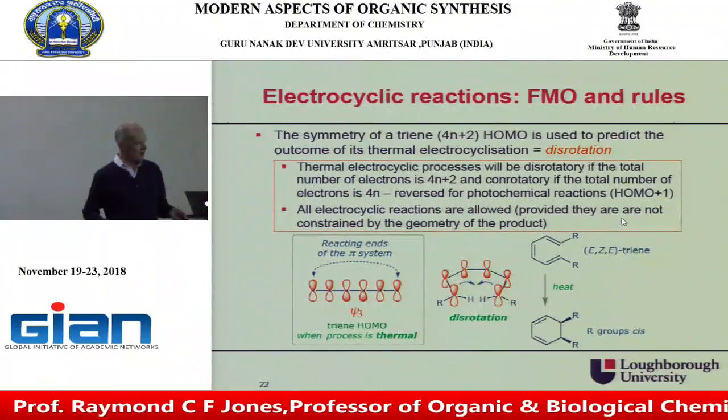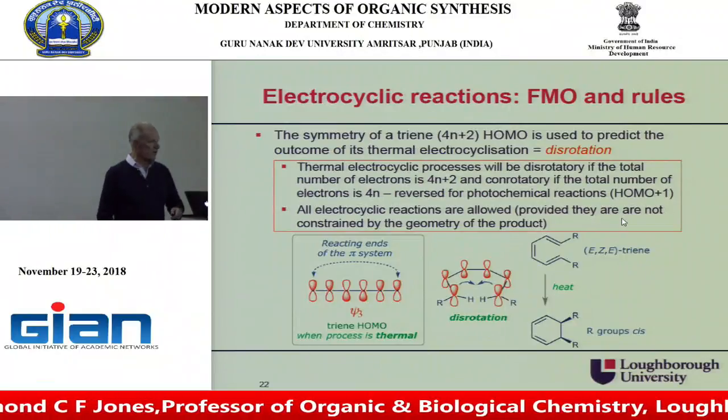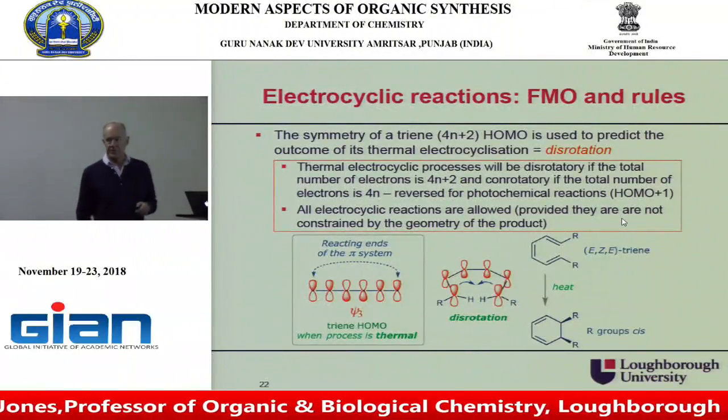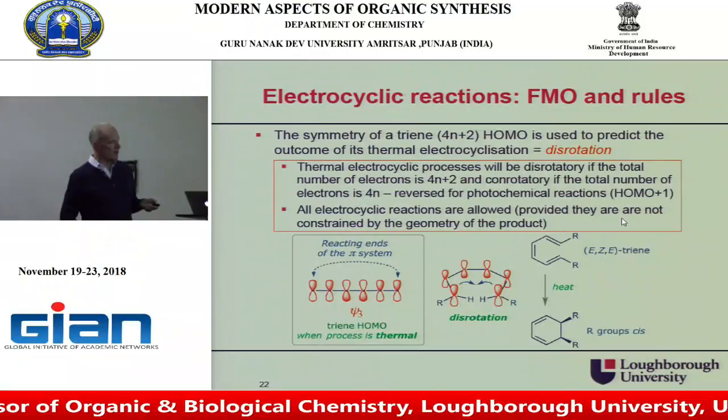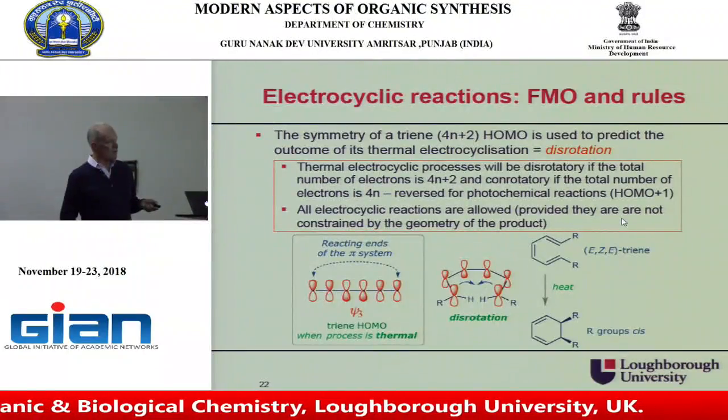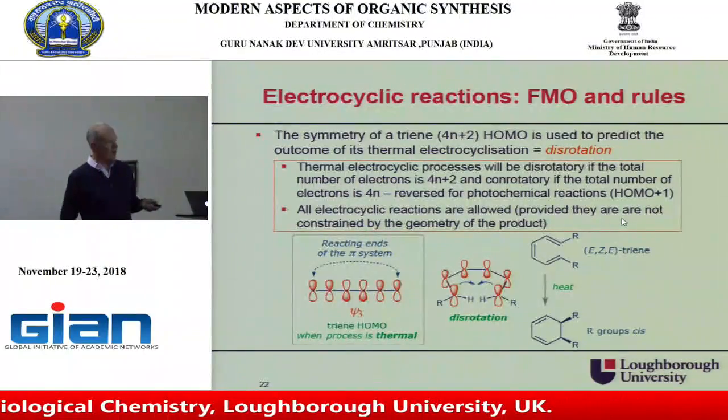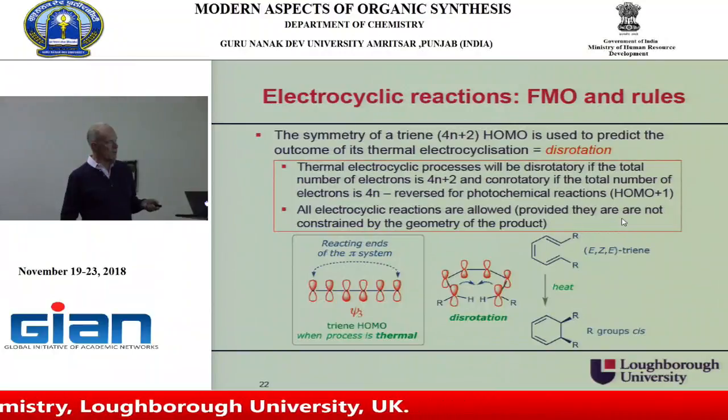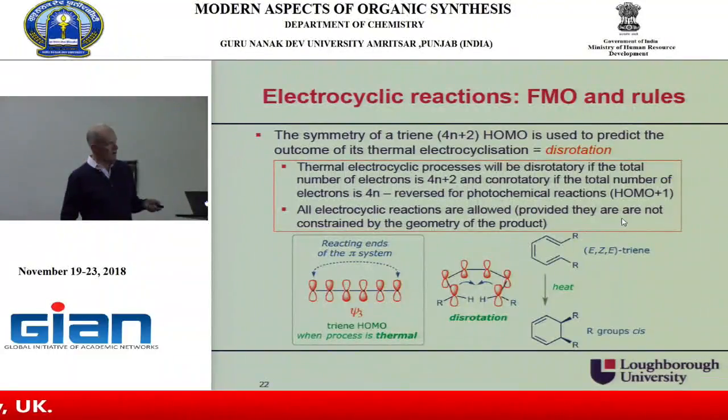They're in opposite directions, so that's what we mean by disrotatory or disrotation. Rotations in opposite directions, and that's what's necessary for this reaction to go, to get that good orbital overlap here. And if you do that, rotating the left-hand one clockwise, this R group will come up as it goes. If you do this one anti-clockwise, the R group will come up.